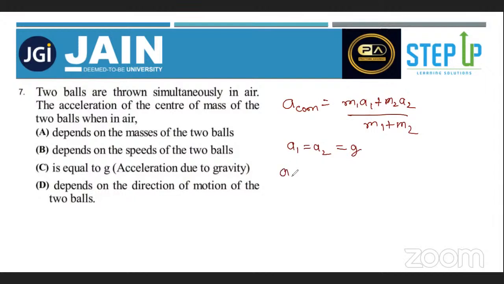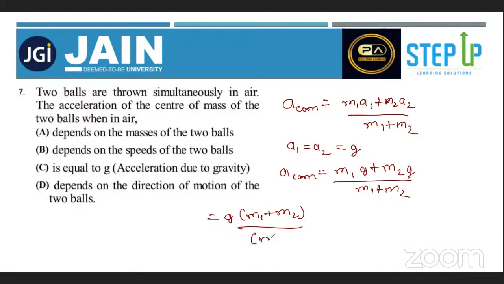Substituting that in the formula, a center of mass is equal to (m1 g plus m2 g) upon (m1 plus m2). Taking g common from the numerator, g times (m1 plus m2) upon (m1 plus m2), which cancels, giving a of COM equal to g. So the answer is g.